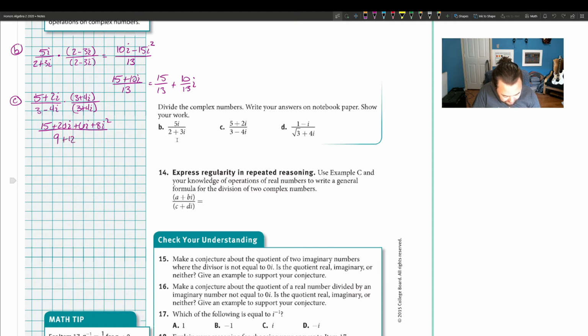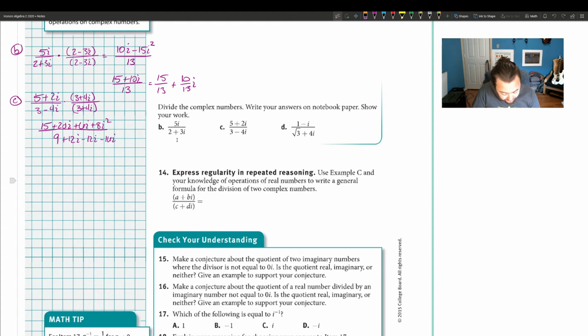Negative 4i times 3 will be negative 12i. And then negative 4i times 4i will be negative 16i squared. So we're going to collect all of our like terms and see what's going on.